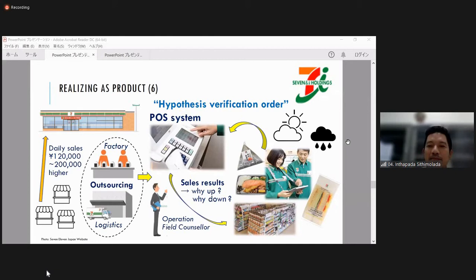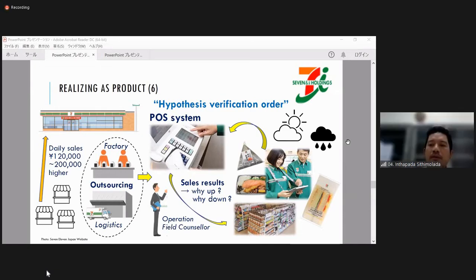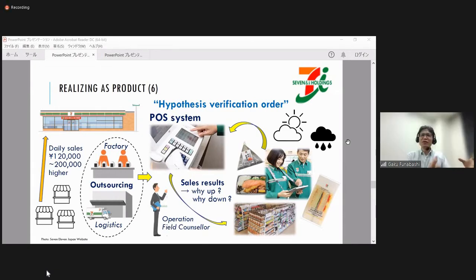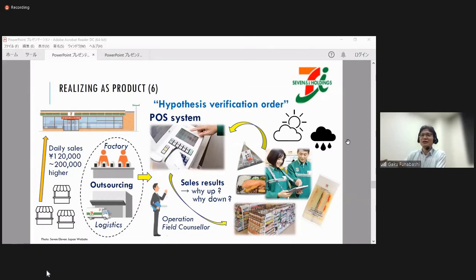Only one time. I don't know the details of their contract, but now the system of 7-Eleven in Japan and the system of 7-Eleven in Thailand are slightly different. In each country, for example 7-Eleven in Thailand, they can decide what kind of system they are going to use. Of course, they learn from the Japanese 7-Eleven, so they use a similar system, but not exactly the same.